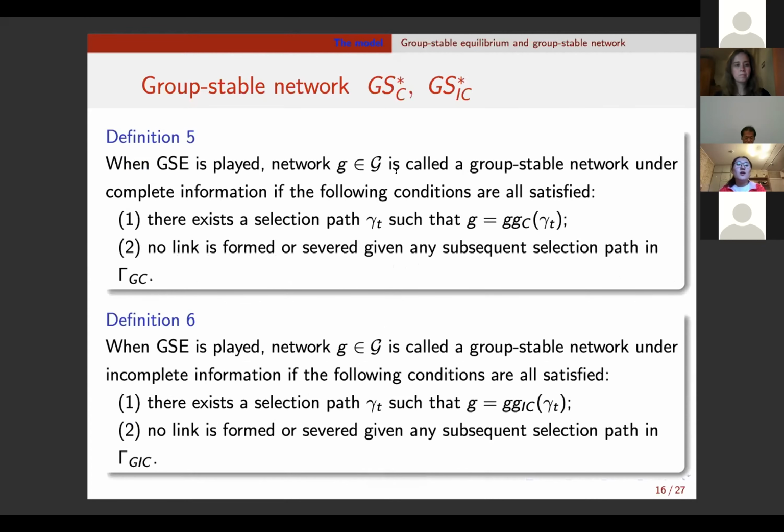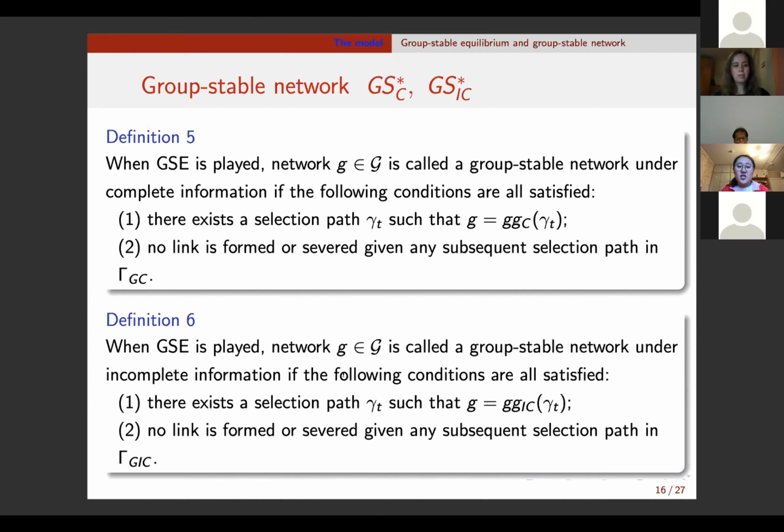So we give some new definitions about group stable networks. When players play the group stable equilibrium, a network G is called a group stable network under complete information if there exists a selection path after which network G is formed, and no link will be formed or severed given any subsequent selection path.